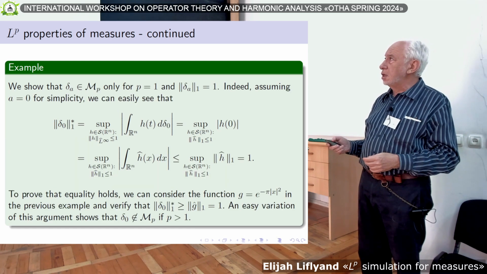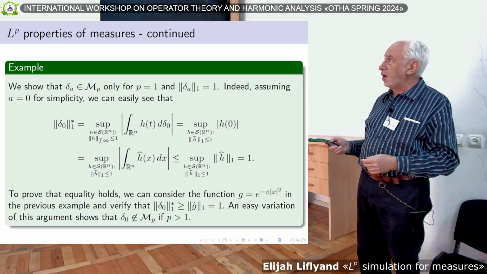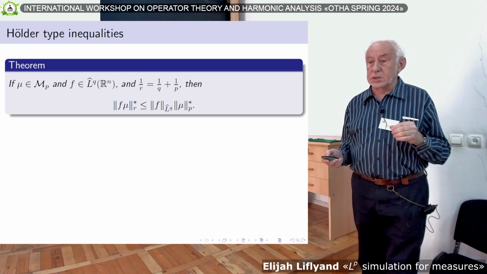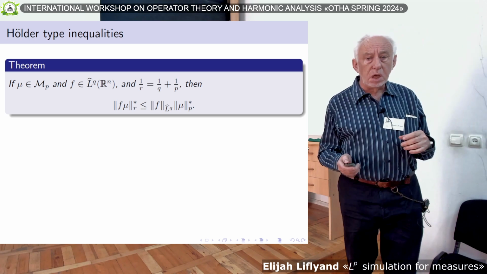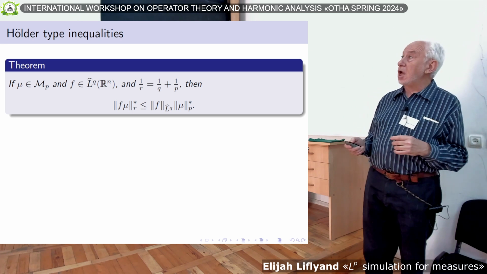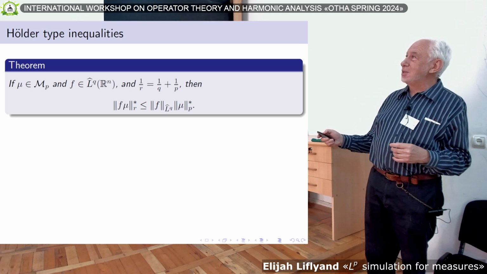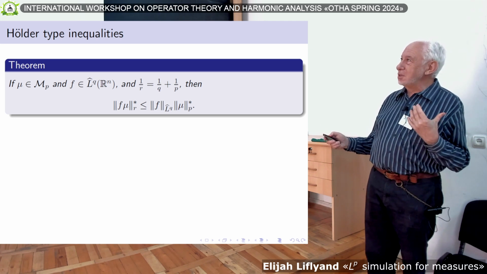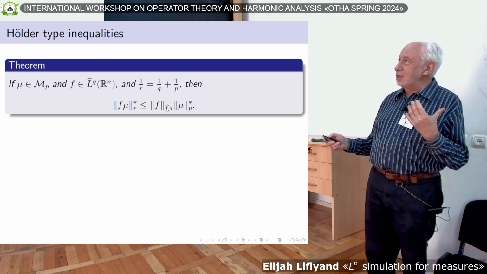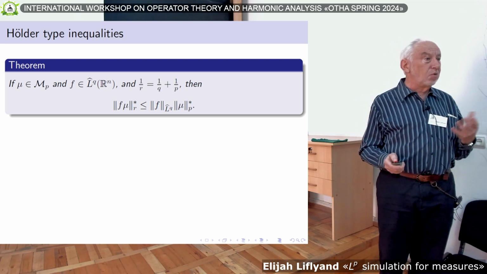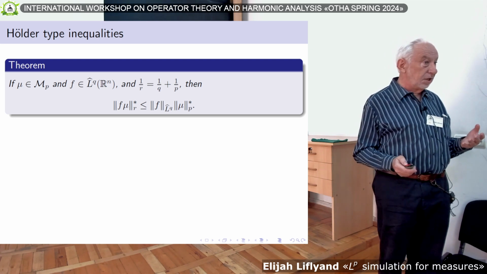Then what about the delta function? And what is important, we have a Hölder type inequality. You see, it looks more like Young's inequality for convolutions.